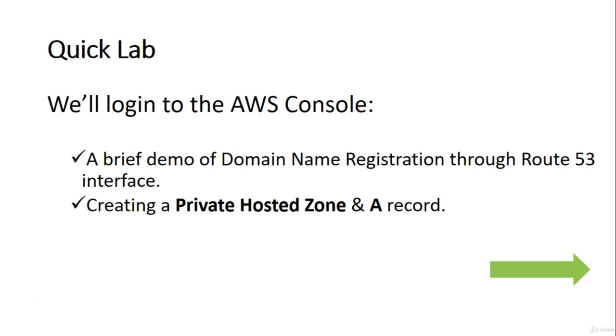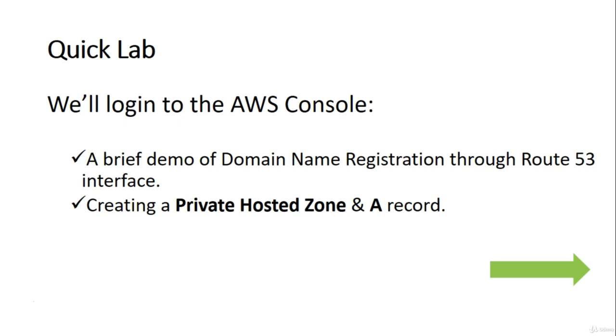Just remember it's a private hosted zone. Private means it can be accessed only from a VPC, that is the instances present in a VPC which has been tagged to this private hosted zone. So it won't be accessible from the internet.